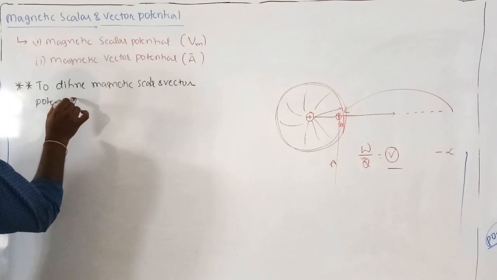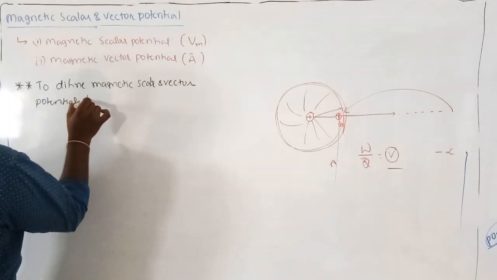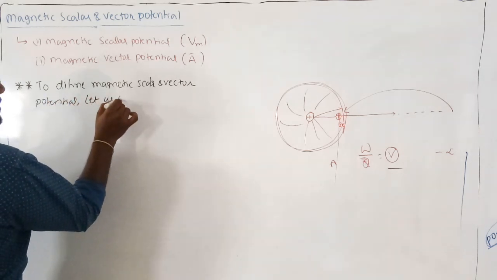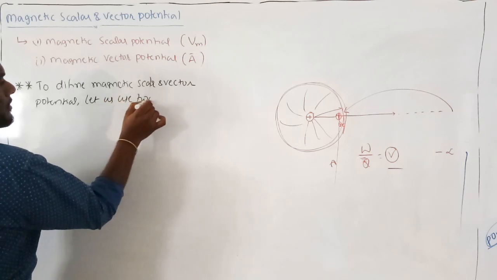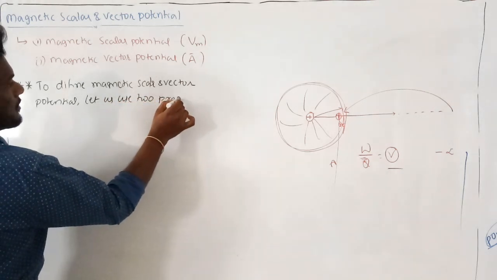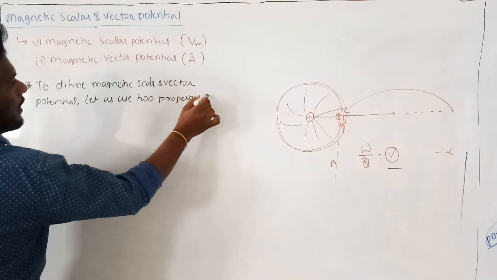To define magnetic scalar and vector potential, let us use two properties of curl.